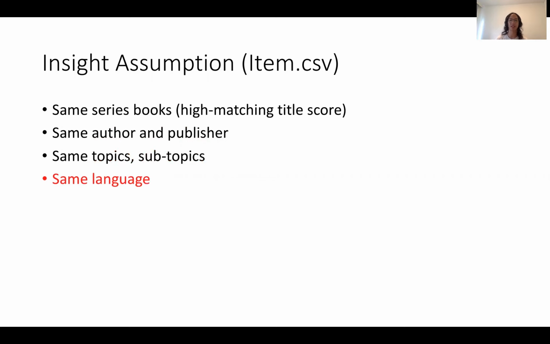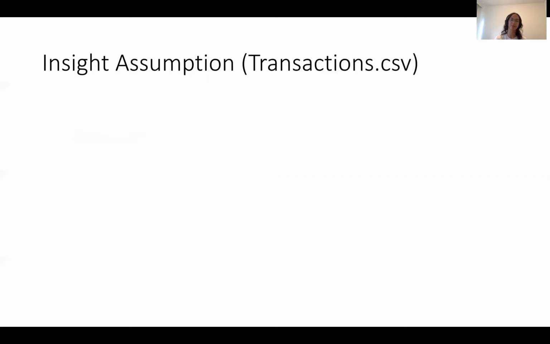And the fourth is the same language. For languages, we use a simple open source language detection module from Python to predict the language from the title. And then we only choose books with the same language to recommend to our customer.